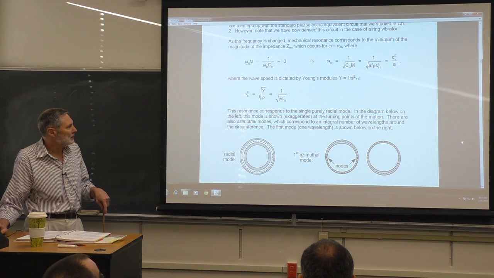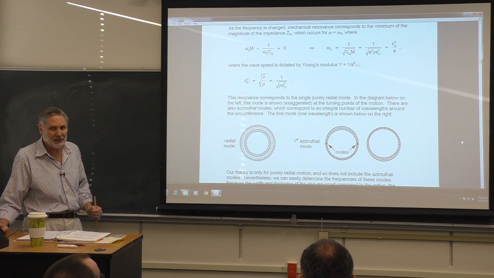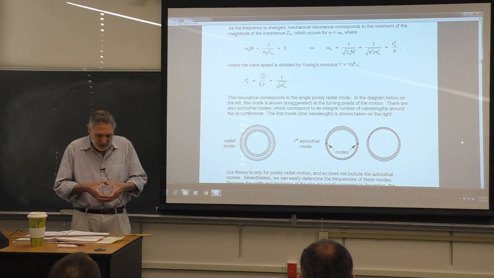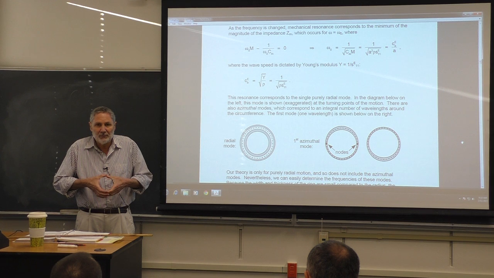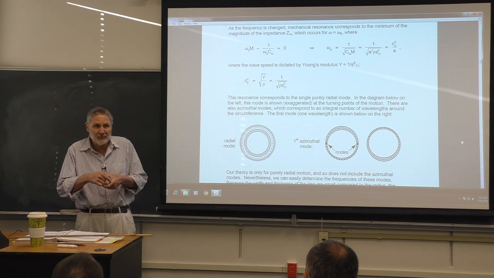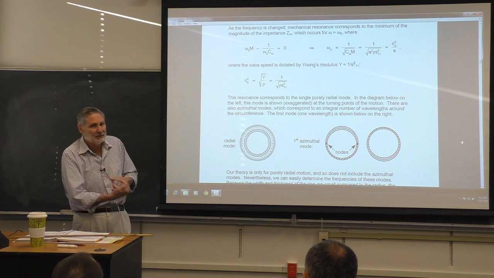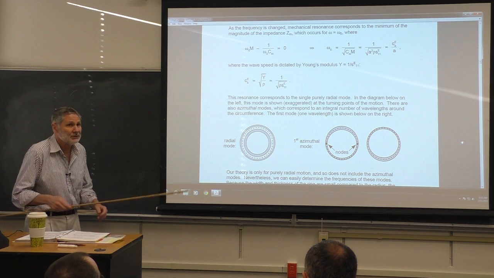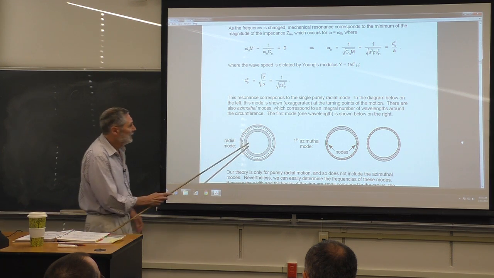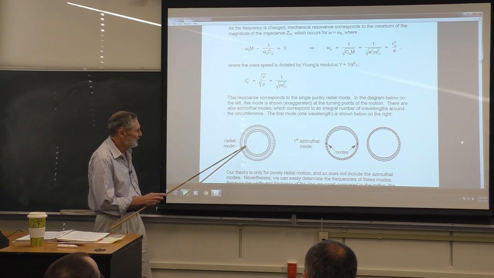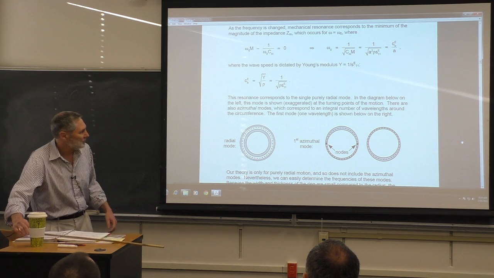Now, let me remind you again of what I tried to emphasize yesterday. Our theory here is assuming purely radial motion. If you look at any element of mass, it's moving directly out and directly in. There's no motion like this. But that's not the only kind of motion that this ring can have. This is a highly exaggerated representation of the radial mode.